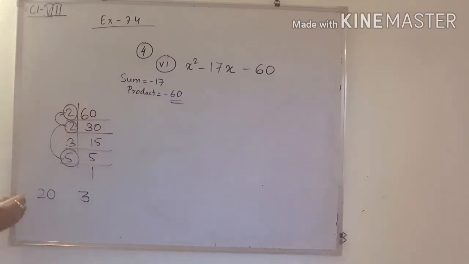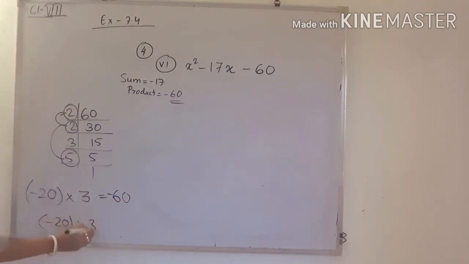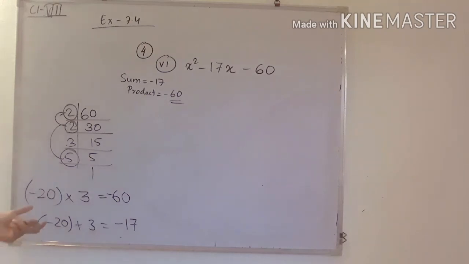If I take minus 20 into 3, it will be minus 60, and if I add 3 to minus 20, we will get minus 17. So this will work here. The two numbers are minus 20 and 3.